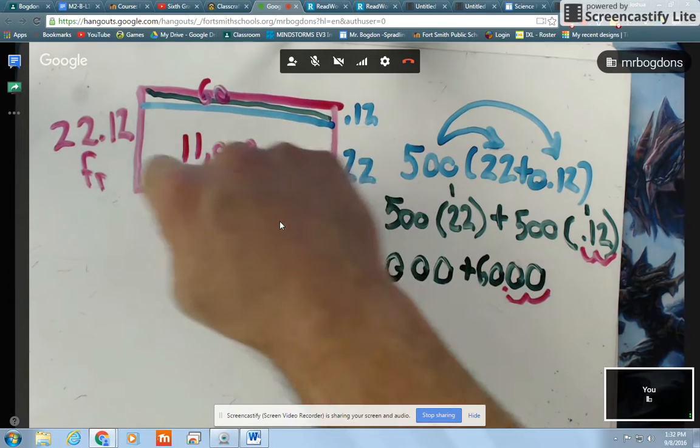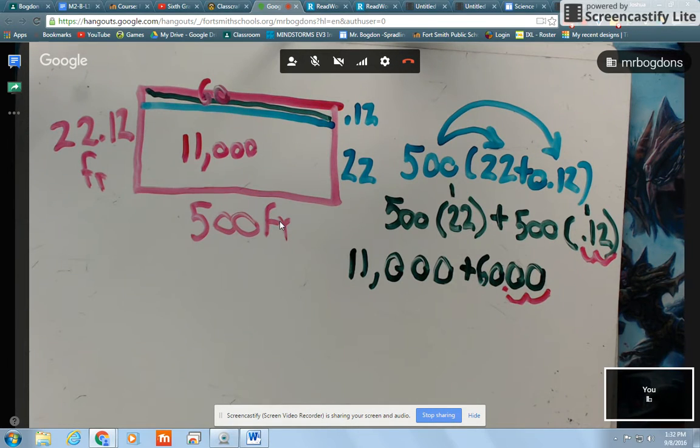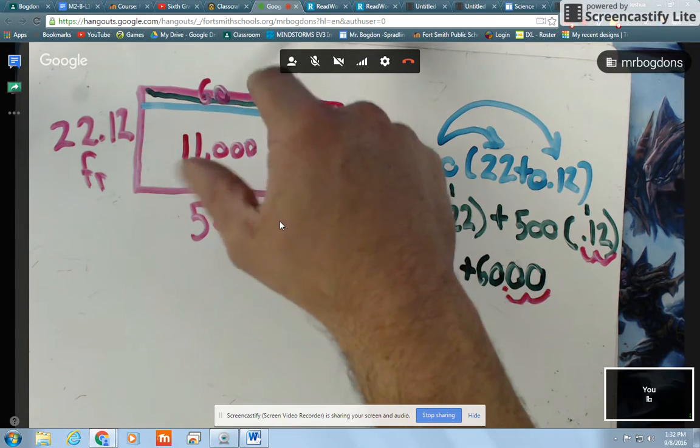So what do I do to find my whole product? If I'm trying to find a total? Yes, just like if you went to the store and you purchased 6 candy bars and they each cost 50 cents, in order to find the total, you would add up the cost of all of the candy bars. Same thing here. If I want to find the total, I simply add them together.